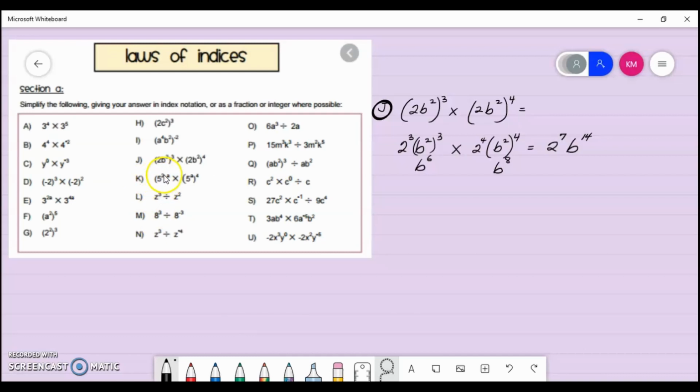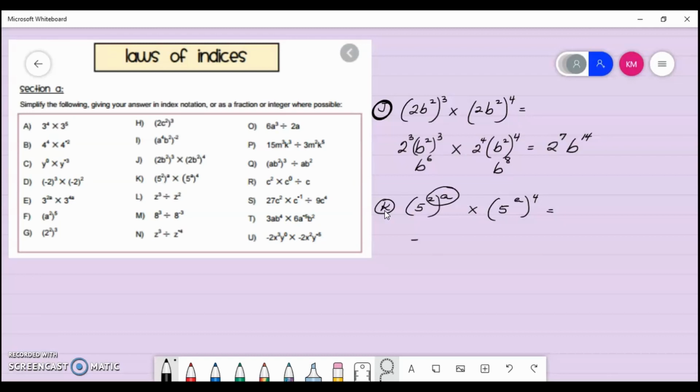5 to the power 2 raised to the power a, multiplied by 5 to the power a raised to the power 4. Right, so we notice that we have the same bases and we are multiplying. So we will have to add our indices. But before we add our indices, we need to simplify this here.